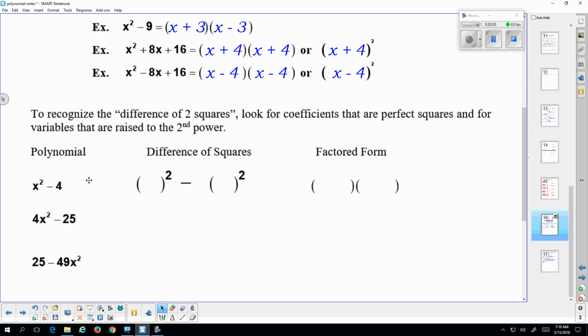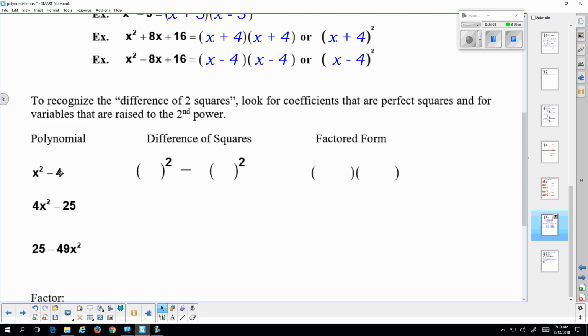And then all your numbers need to be perfect squares, which if we look in all these examples, 4, 25, and 49, all of them are perfect squares. So when you have difference of squares, basically we have x squared minus, what's the square root of 4? It's 2. So my factored form is (x minus 2)(x plus 2), or (x plus 2)(x minus 2).